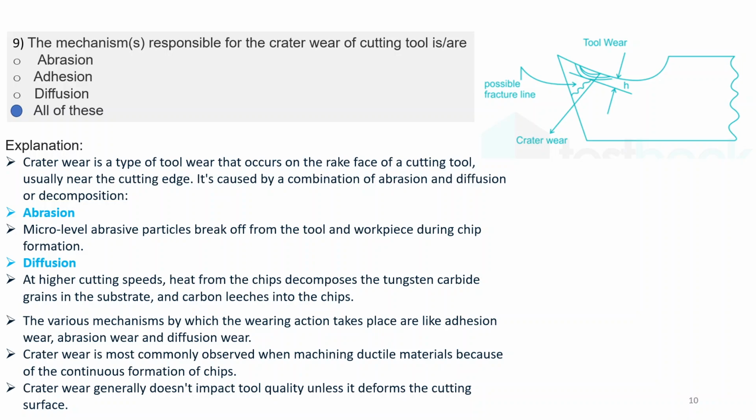The various mechanisms by which wear takes place are adhesion wear, abrasion wear and diffusion wear. Crater wear is most commonly observed when machining ductile materials because of the continuous formation of chips. It generally doesn't impact tool quality unless it deforms the cutting surface.